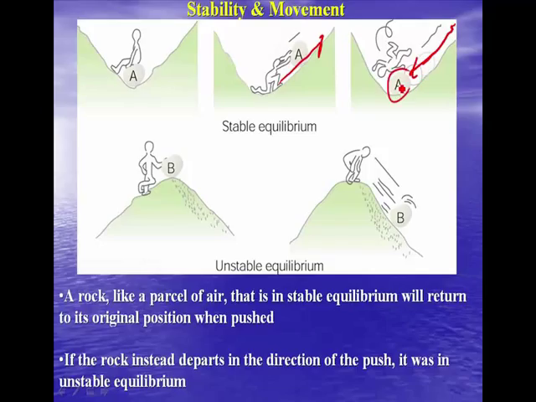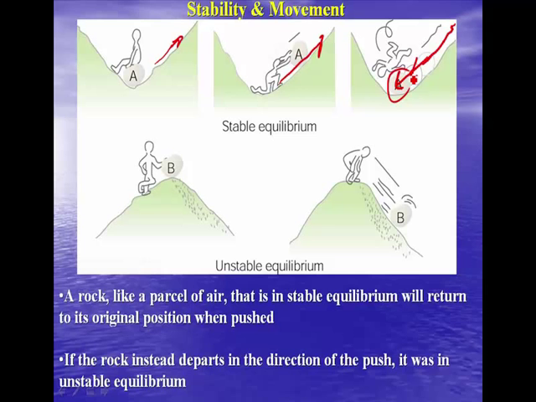This is what we would call stable equilibrium, where we attempt to move the rock up the mountain, but it wants to return back to where it started. This is what we would determine as a stable situation. In other words, the rock comes back to where it began.